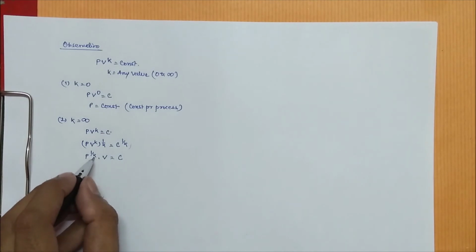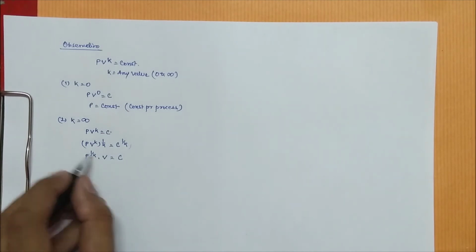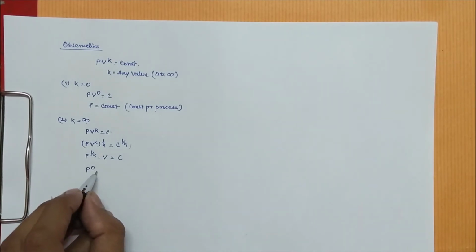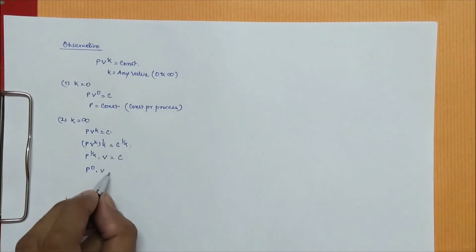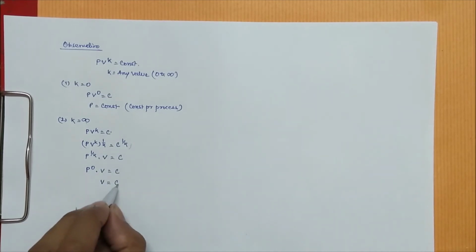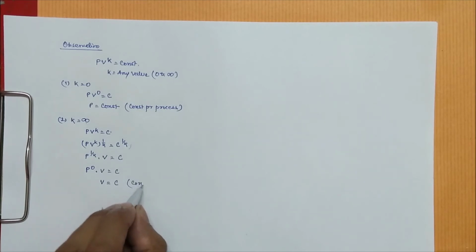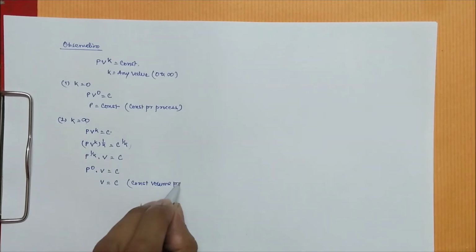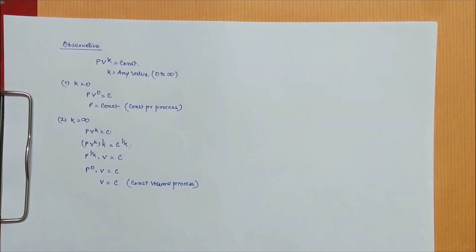And now if we put k equal to infinity, then we have P to the power 0 into V equal to constant. This means V is constant. That is a constant volume process.